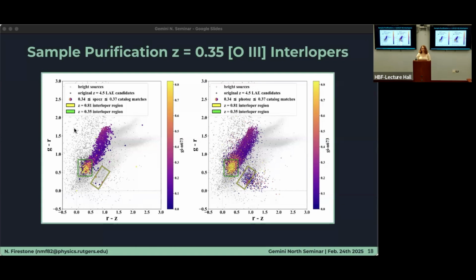But there's some really interesting work that has been done with MUSE, looking at Lyman alpha emission line profiles. So I think it would be really interesting to use a technique like that and look at our different star formation history archetypes and see if there are any relationships there. Right now, with the DESI spectroscopy that we have, you can sometimes see if it's a double-peaked Lyman alpha emission line, but that is about it.